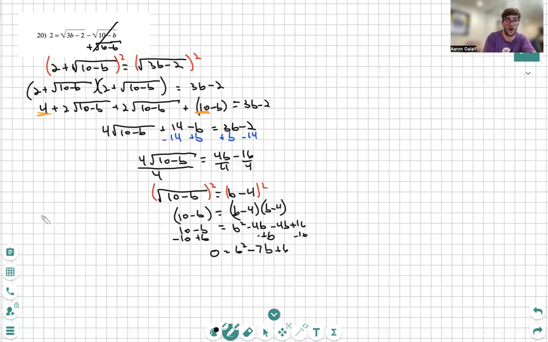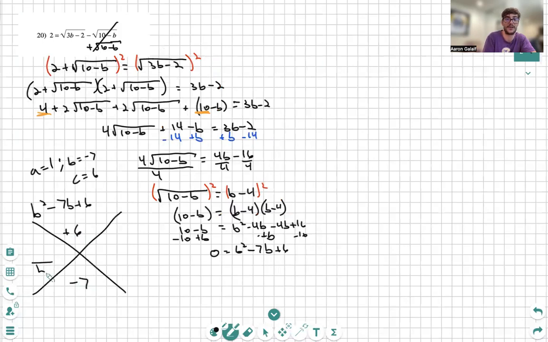Now, as we recall, we're going to have to use the X method from our previous video. We recall A is 1, B is negative 7, C is positive 6. A times C is positive 6, and B is negative 7. We need the factors that are going to add because the plus is on top.